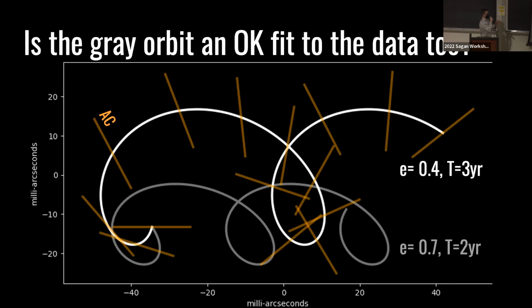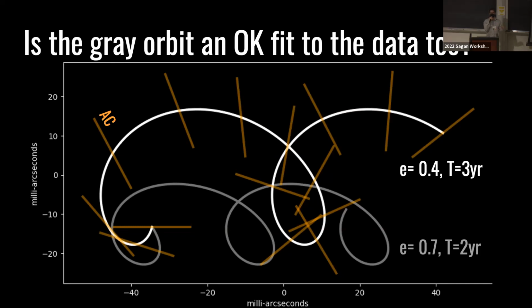And in gray is an orbit that's very different: a 0.7 eccentricity and a period of 2 years. So this would be a totally different orbital architecture, a very different interpretation for the physical system. And what I want is for people to give a thumbs up if they think the gray orbit is going to be an okay fit, and a thumbs down if they think it's going to be a clearly worse fit. So thumbs down for worse, thumbs up for okay.